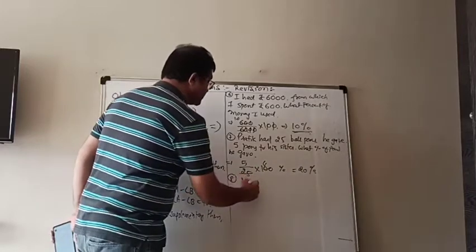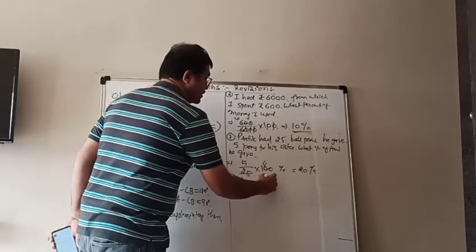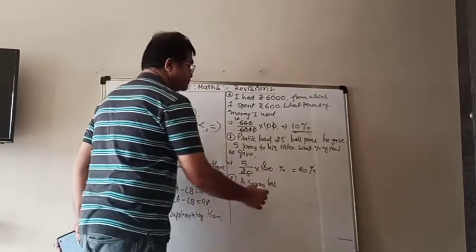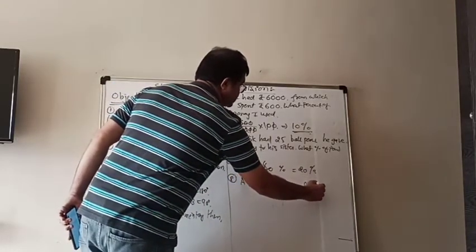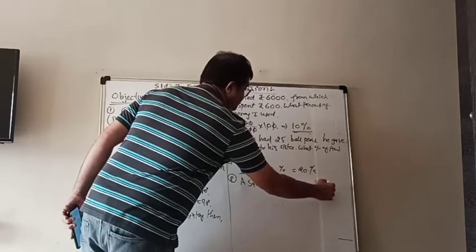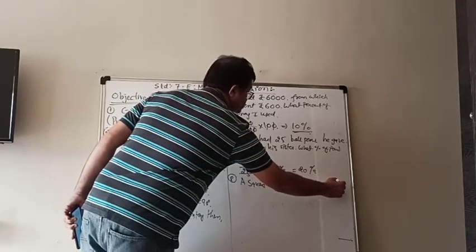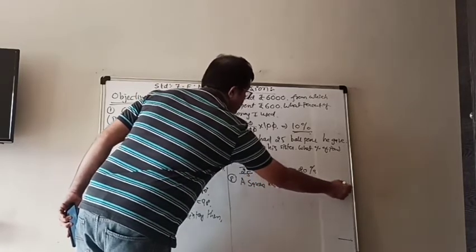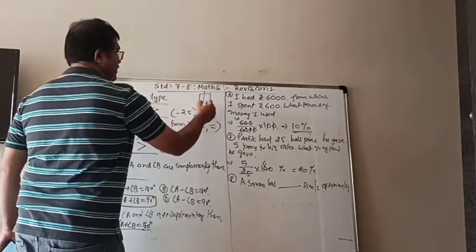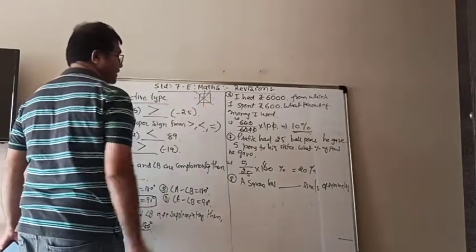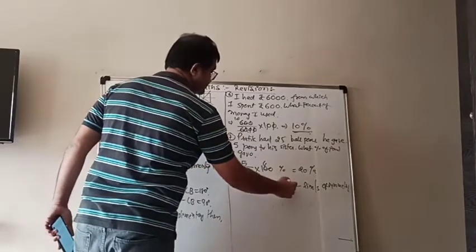A square has dash line or lines of symmetry. We know that a square has 1, 2, 3 and 4 lines of symmetry.